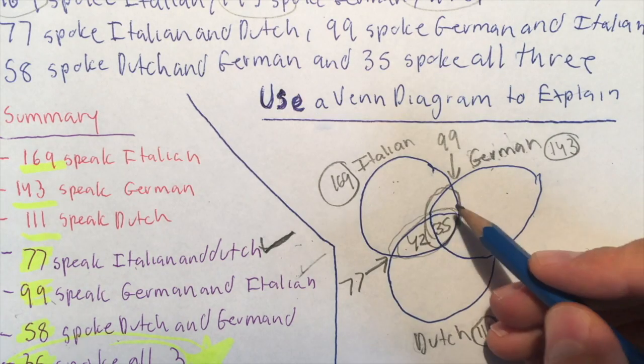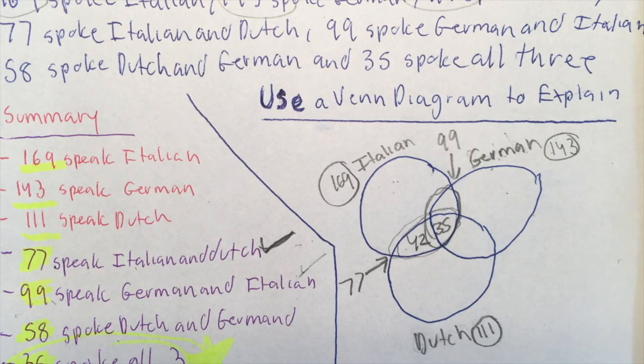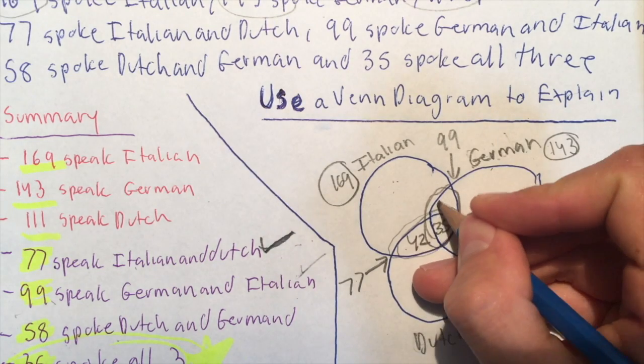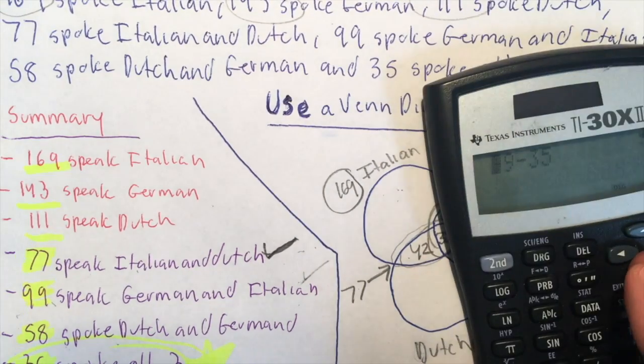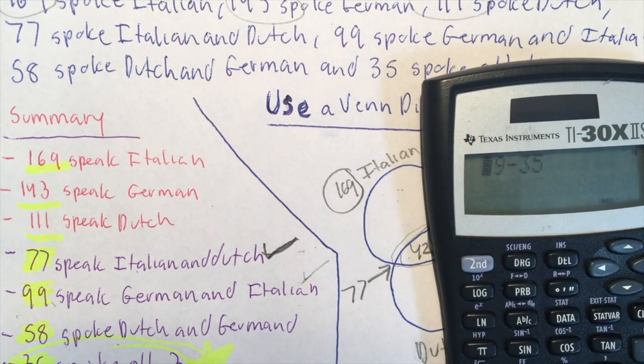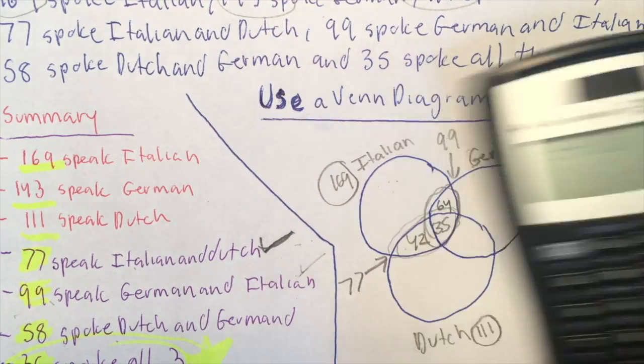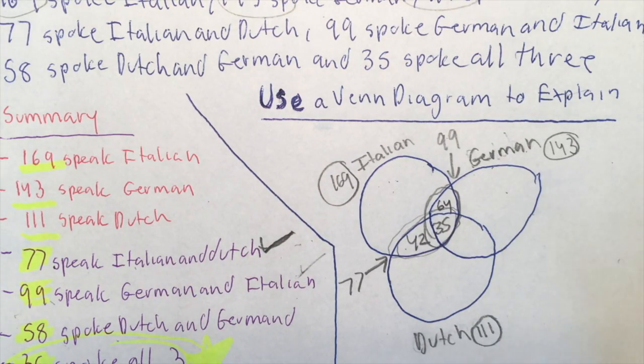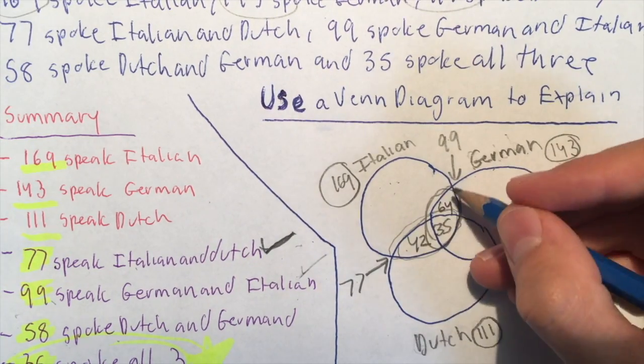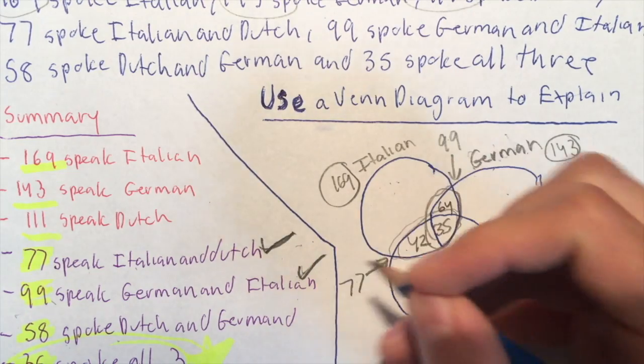How do we find that? We do 99 minus 35, and that equals 64. There it is on my calculator again: 99 minus 35, 64. All right. So we got that aspect of the circle done, so we can check that off.